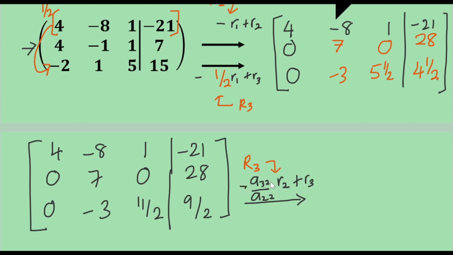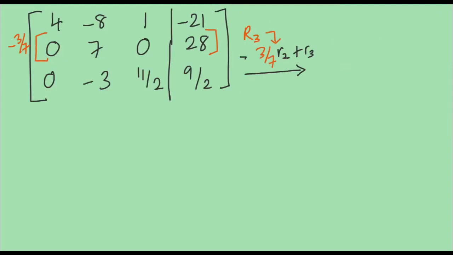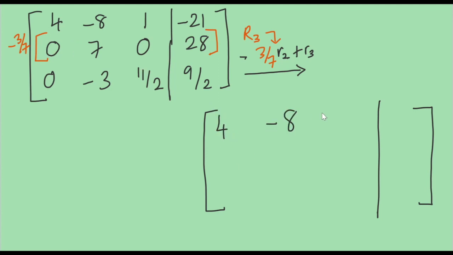So negative of A32 divided by A22 would be 3/7. So I need a bigger space and I would write it here. The new matrix. The first two rows will be the same. So I'm just going to copy the first two rows. Okay, now the third row.